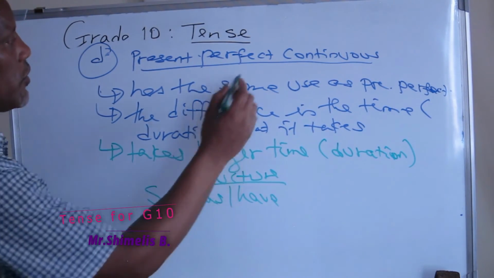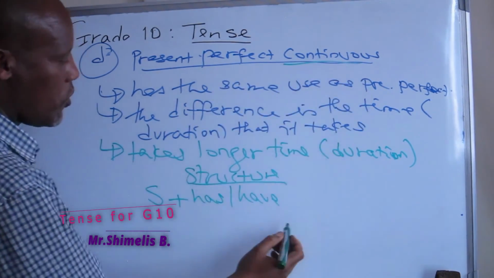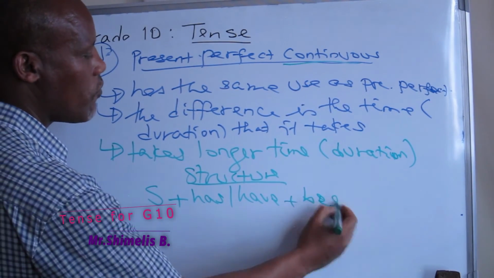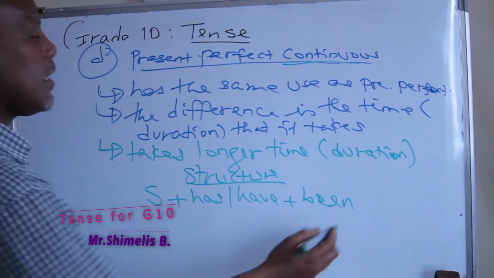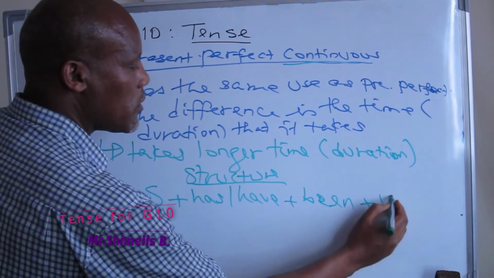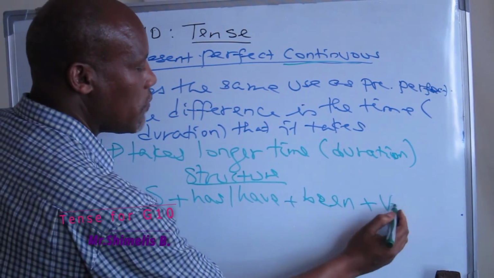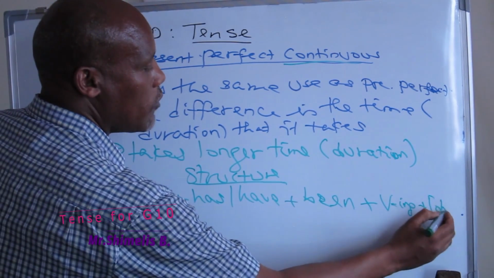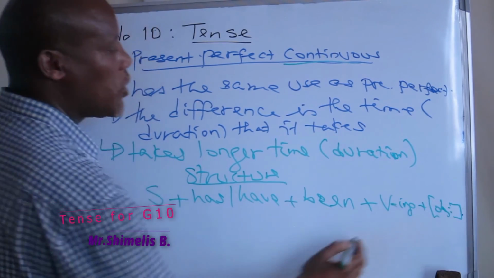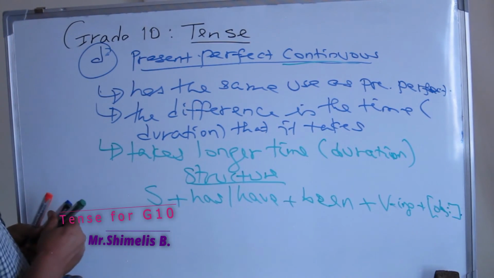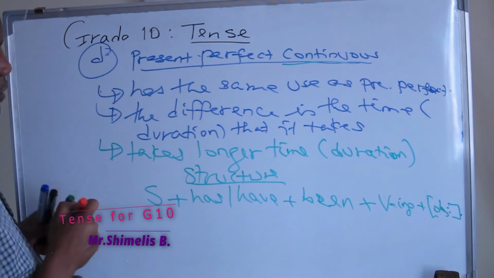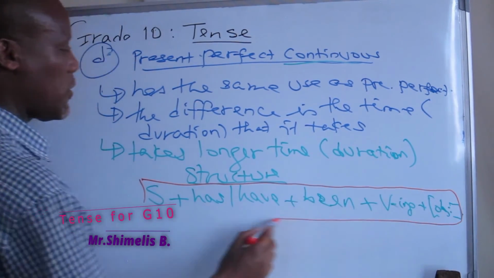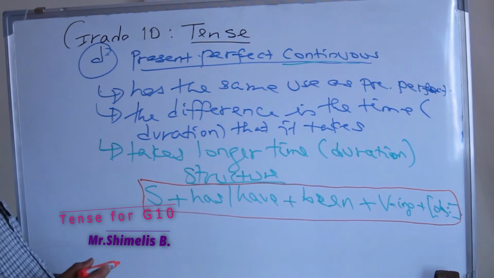And this time, because it is a continuous or progressive tense, we use the perfect form of verb to be, which is been, and the main verb stays in verb-ing, and as usual we might add objects as optional. So this is the structure of present perfect continuous tense.